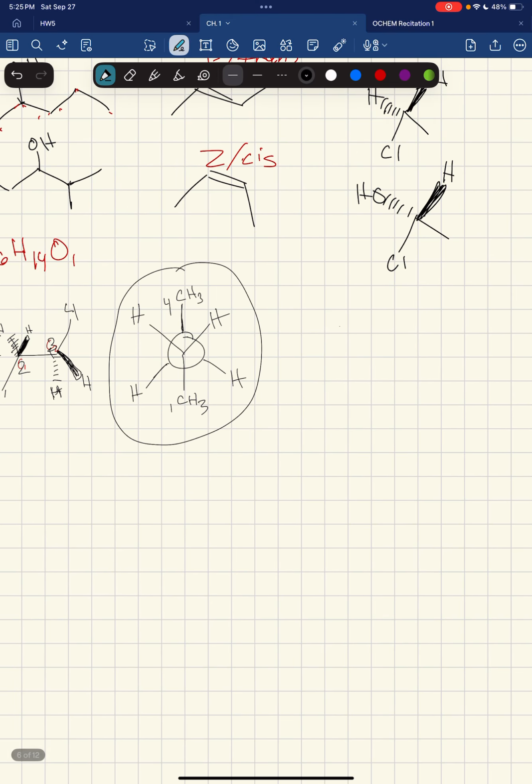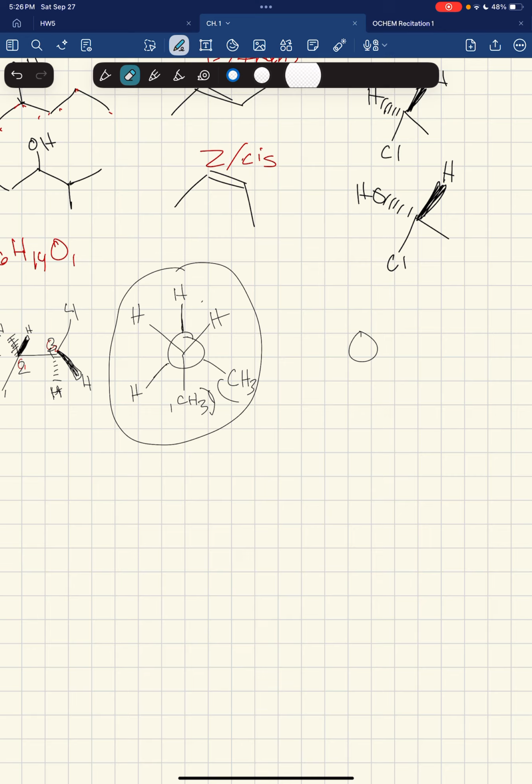A gauche interaction will be the same thing, except those two substituents will be close. So that's like gauche, they're pushing against each other. What else is it asking for?